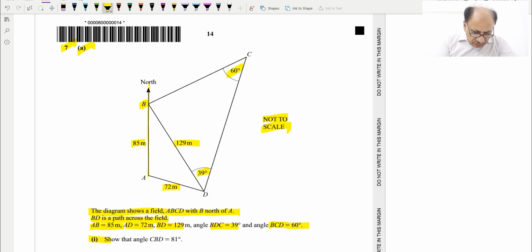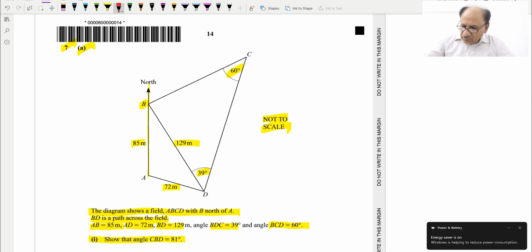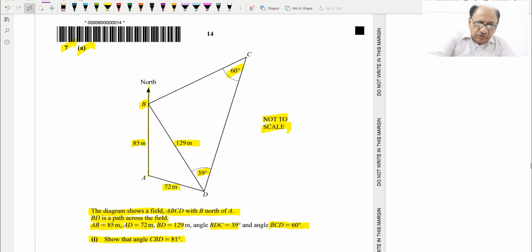This angle is also given, and we have to show that CBD is 81 degrees. So CBD is this angle, and 60 is there, 39 is there.